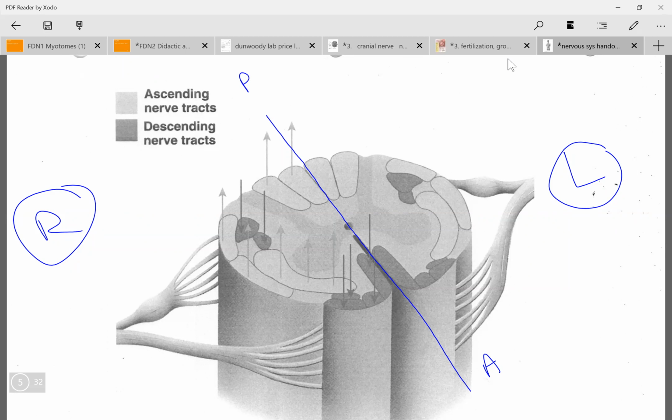Okay. So another name for posterior is dorsal. Another name for anterior is ventral. Okay, these are synonymous with each other.